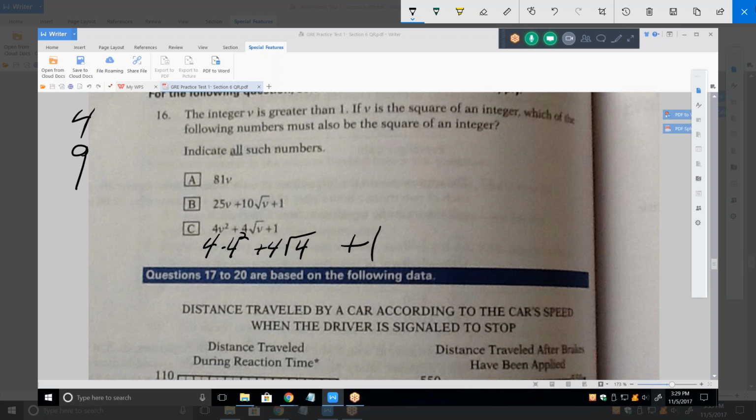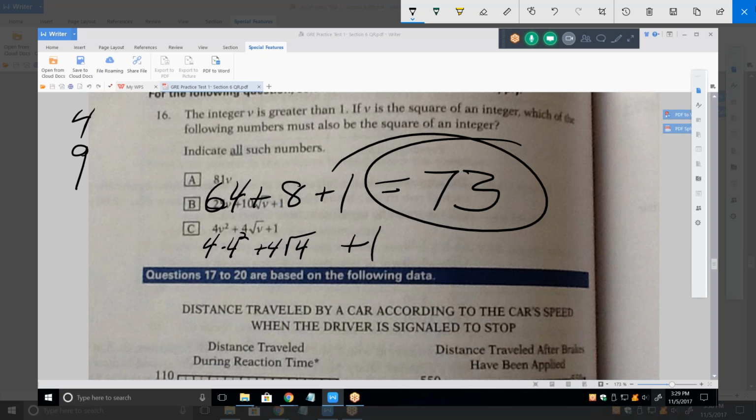Well, 4 times 16 is 64, plus 4 times 2 is 8, plus 1, 73. That is not a perfect square number. So all I had to do was try one number to prove that that is not a perfect square number.